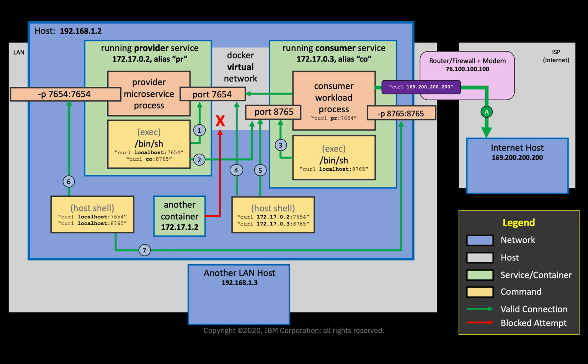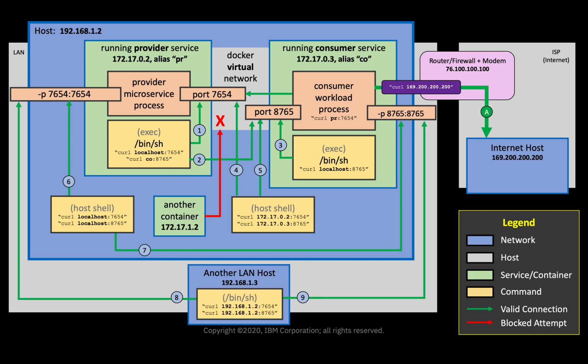It could, however, reach the host ports if you had published host ports, if it knew the IP address of the host. And that's something that would need to be passed into the container for it to discover that, or it would have to use more complicated techniques to get the address of the host. But once it's published to the host, it is exposed, and it would be possible in theory for that container to reach it as well.